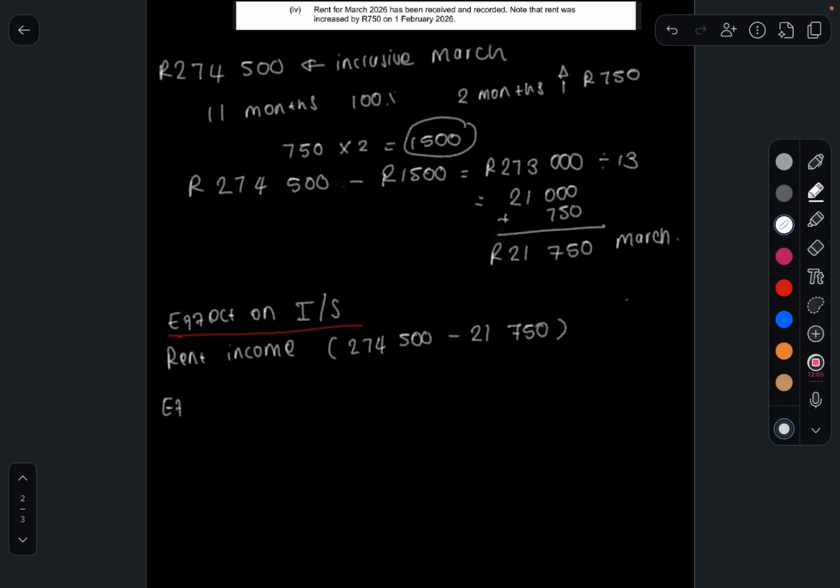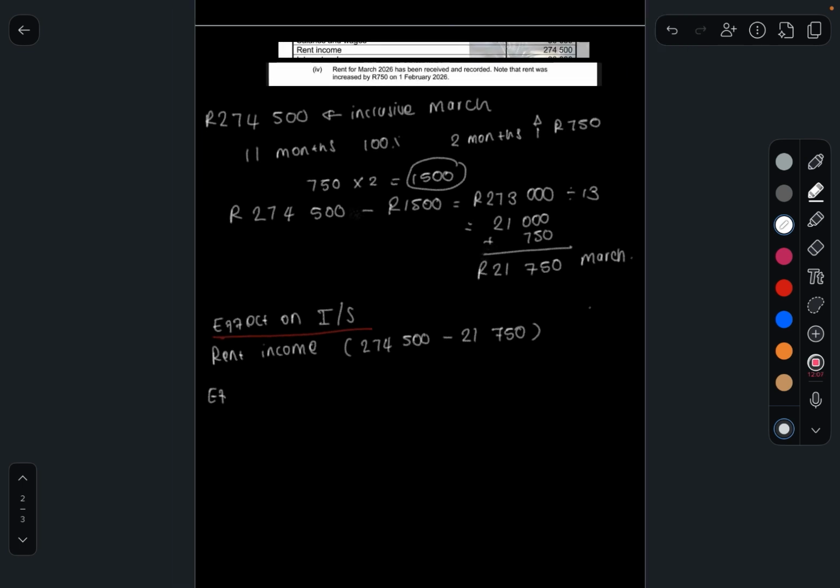And then effect on statement of financial position, SF. This is my own abbreviations, guys.